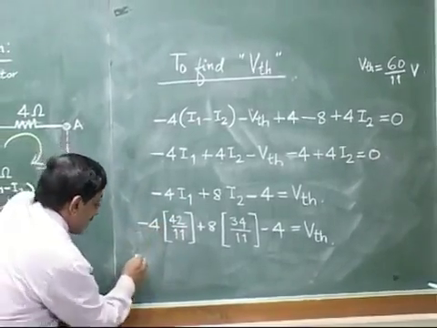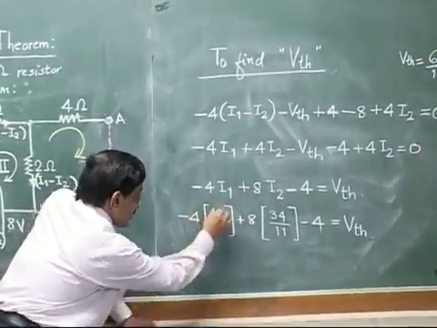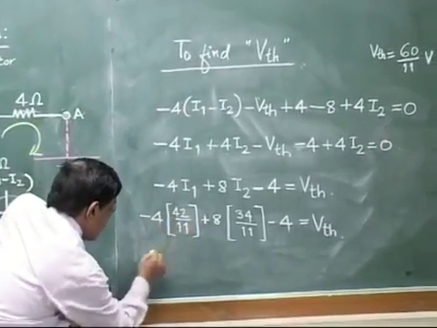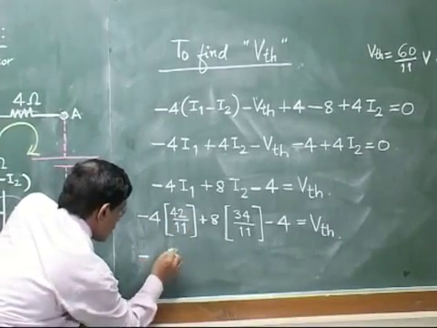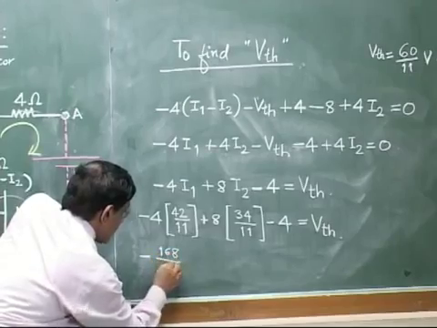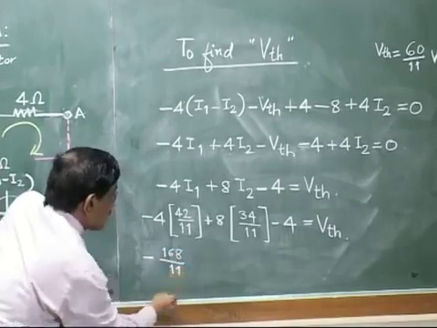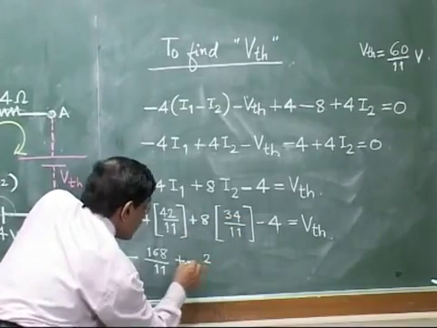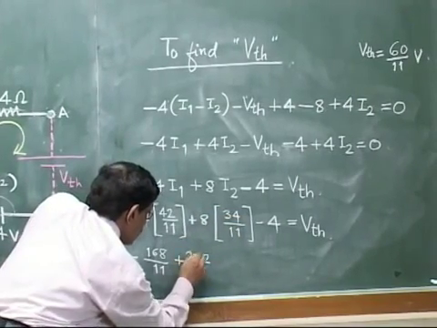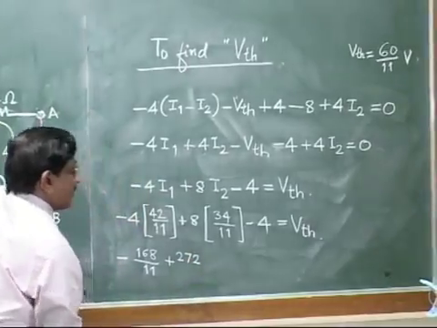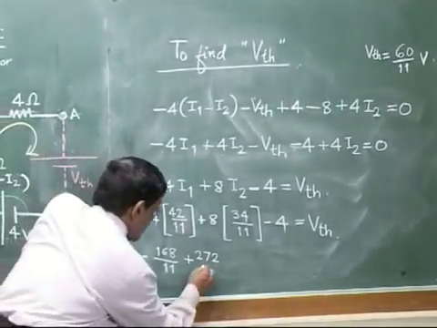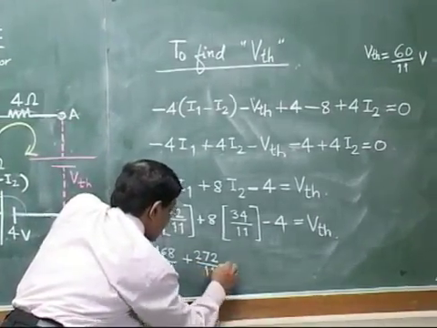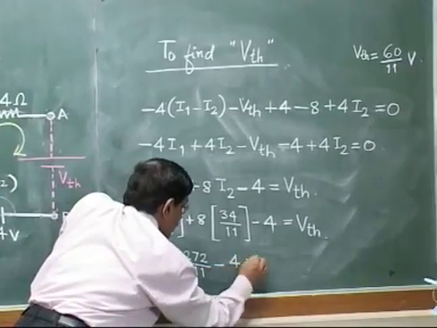Let us further simplify it. This will be minus 168 by 11, then this will be plus 272 by 11, then minus 4 must be equal to VTH.